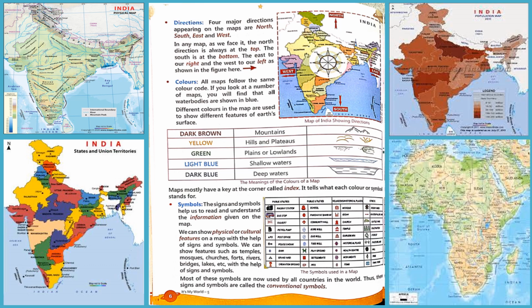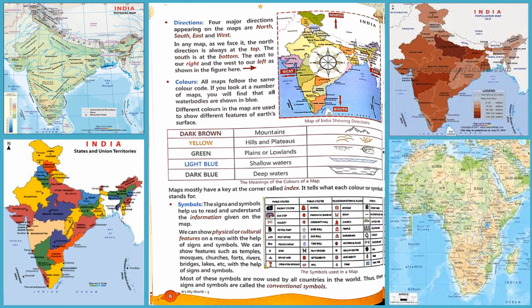If you look at a number of maps, you will find that all water bodies are shown in blue color. Different colors in the map are used to show different features of Earth's surface. That means if you look at a physical map, the first thing that you can identify are the colors that represent the different features on the earth.